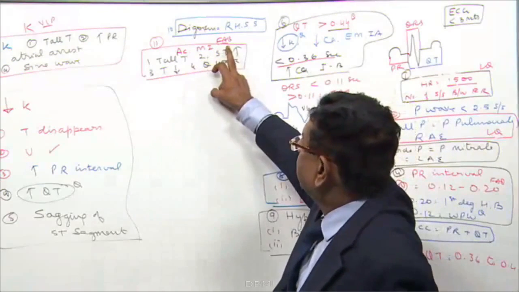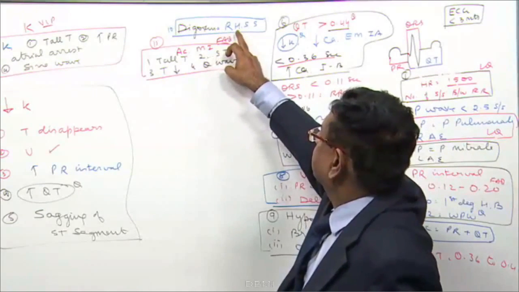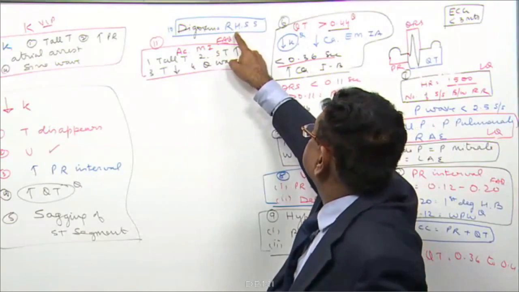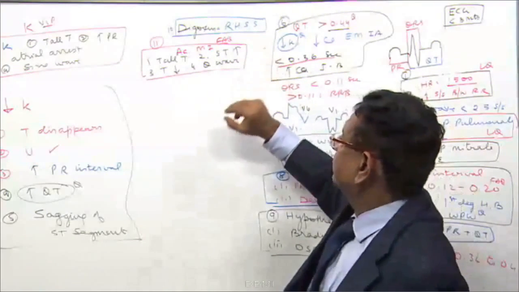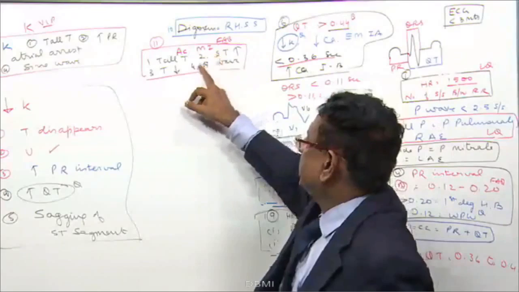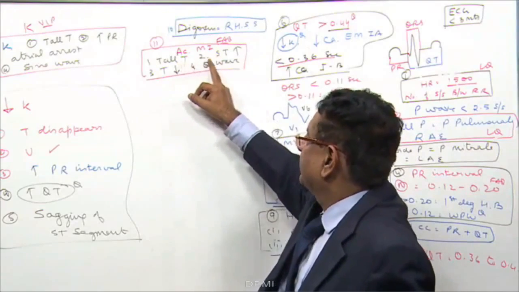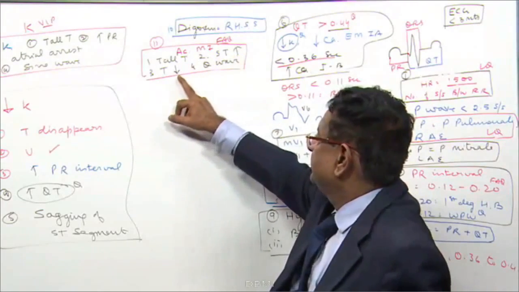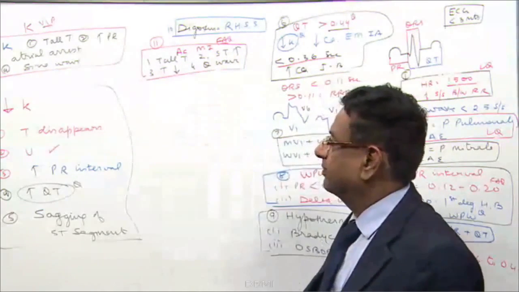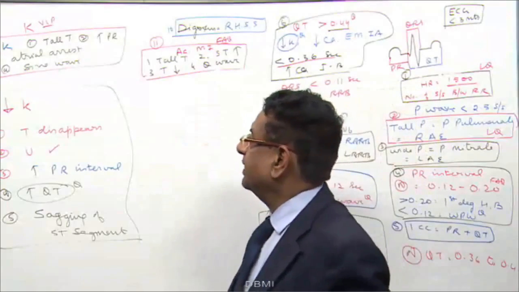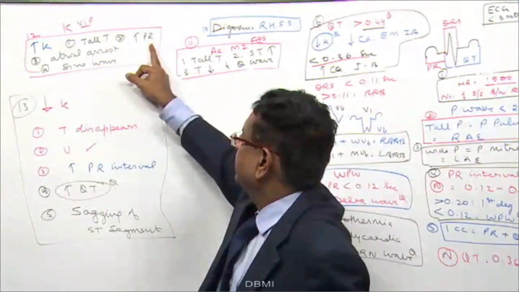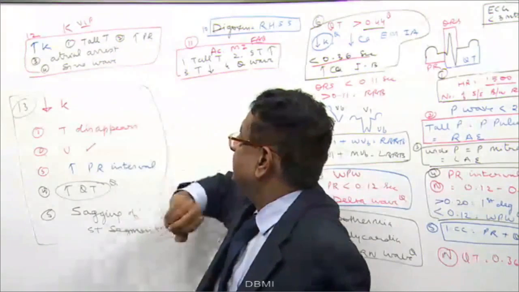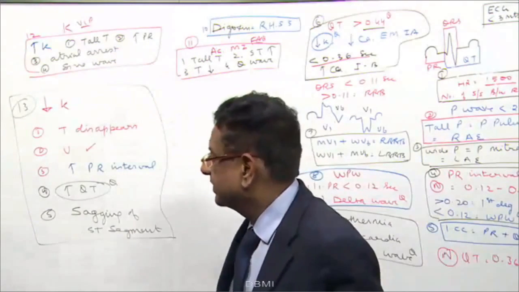In digoxin, hockey stick sign, reverse hockey stick sign. In acute MI, tall T wave, ST elevation, T inversion and Q wave. In hyperkalemia, tall T wave, a long PR, atrial arrest, sine wave.